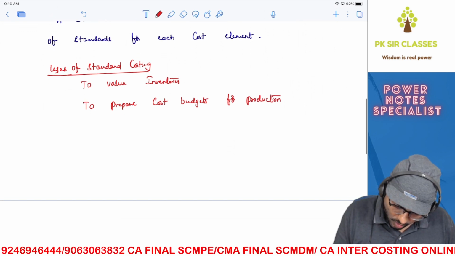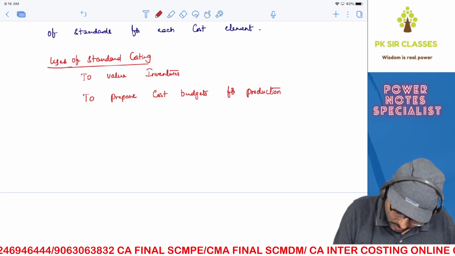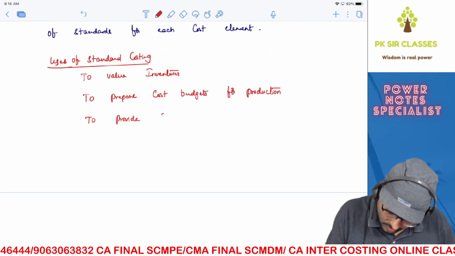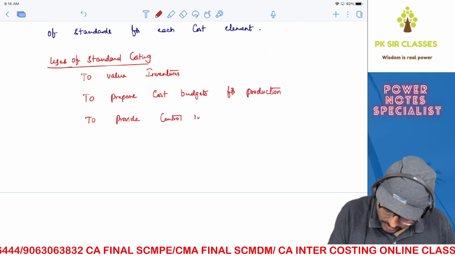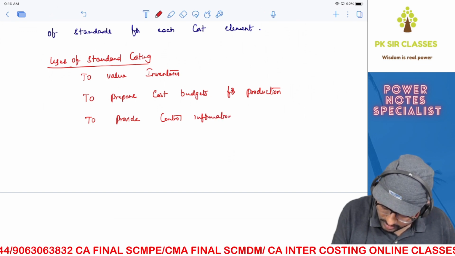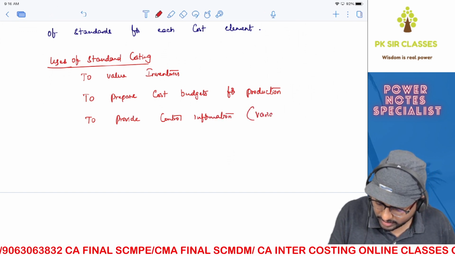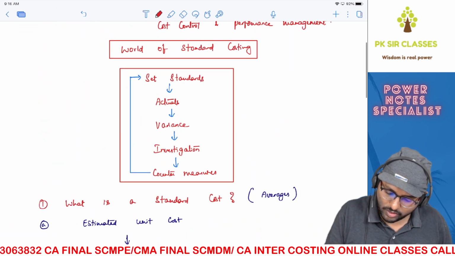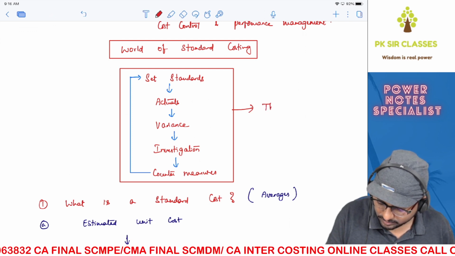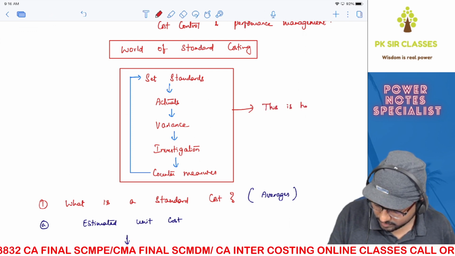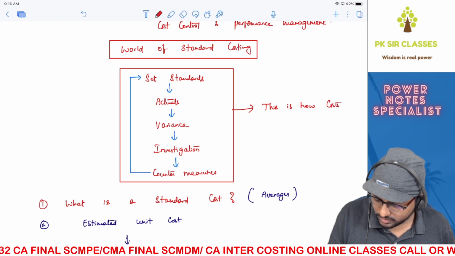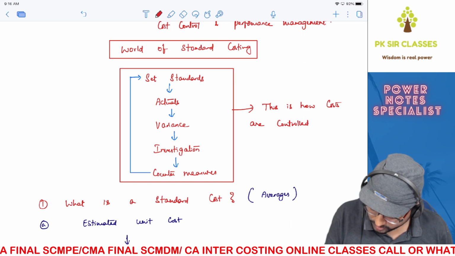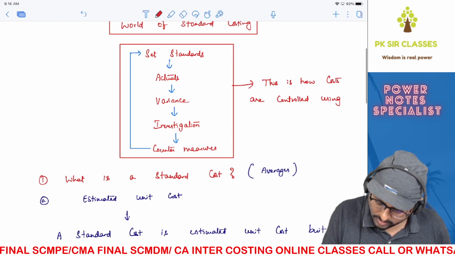Okay, also to provide control information, we need standard costing. Control information means basically I'm talking about variances, because these variances are utilized to control the cost. This is the way you are controlling cost, right? This is how costs are controlled using standard costing.